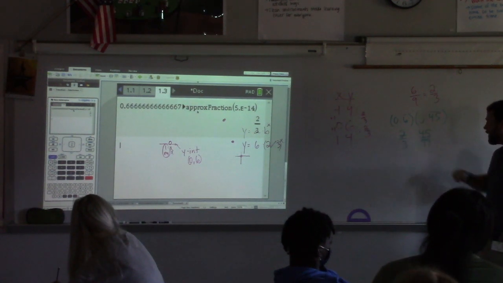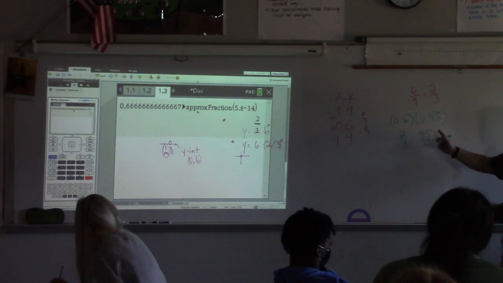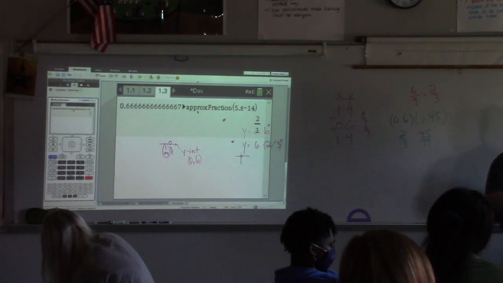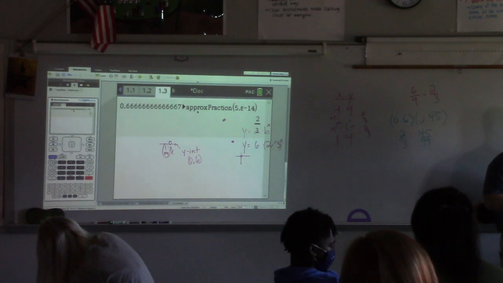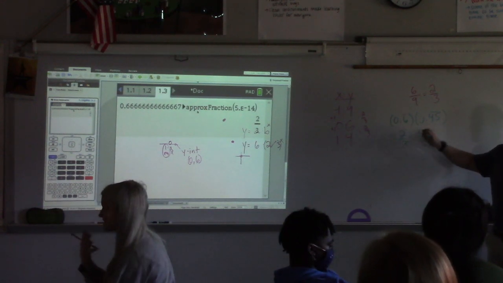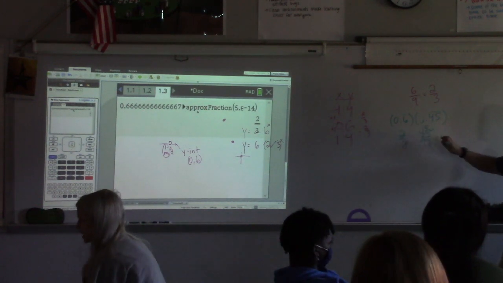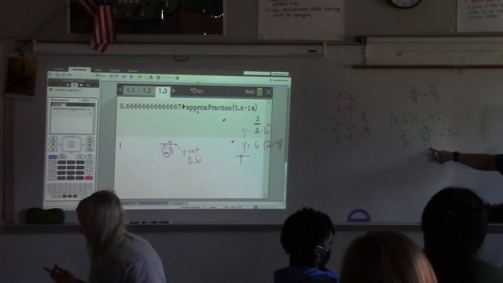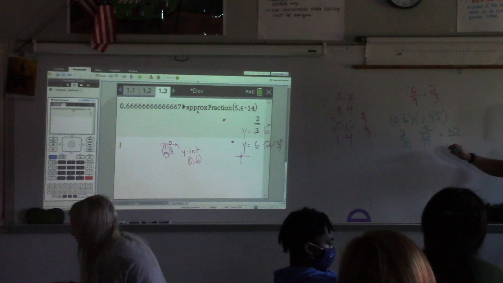Still not pretty, but I will point out, 45 divided by 3 is what? 15. Okay, so 45 divided by 3, I get a 1 here, I get a 15 here. Hey, what's 2 times 15? 30 divided by 99?